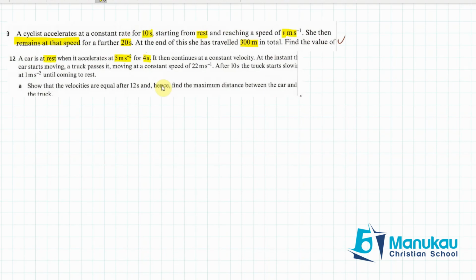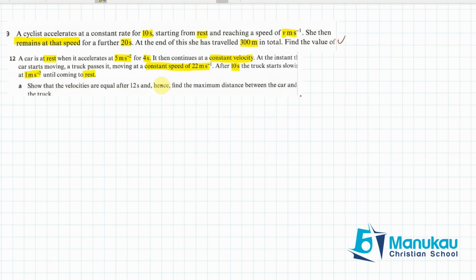So it's at rest at the beginning, then constant velocity after that. At the instant the car stops accelerating, a truck passes it. And we know that the truck has a constant speed of 22 meters per second. And after 10 seconds, the truck starts slowing at 1 meter per second squared until it comes to rest.